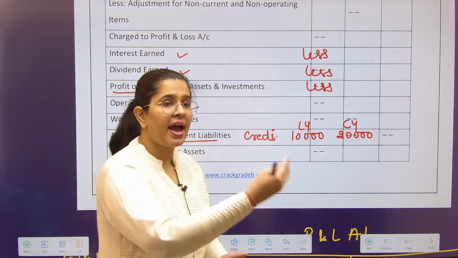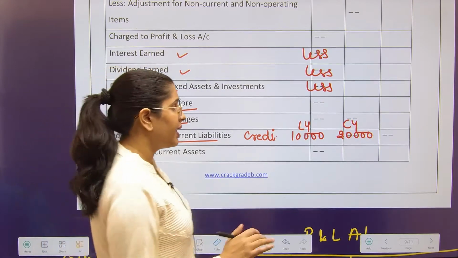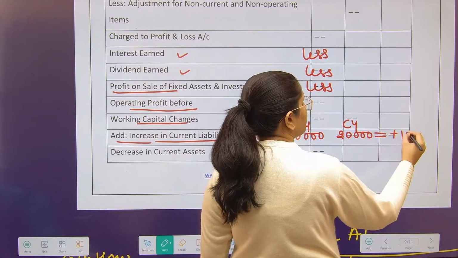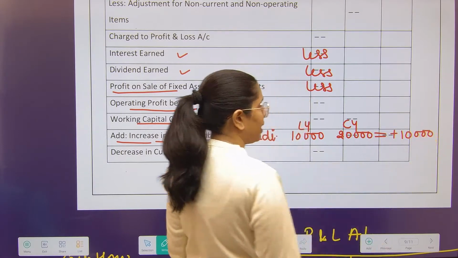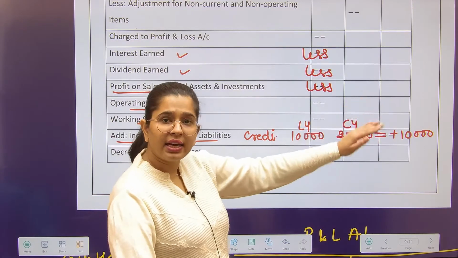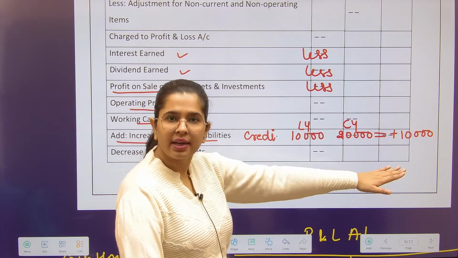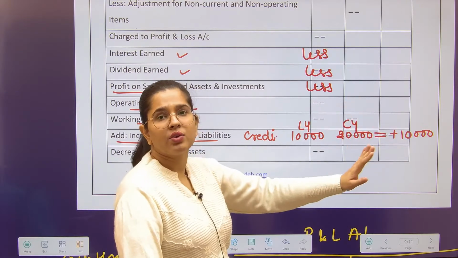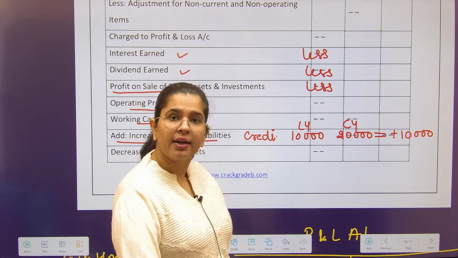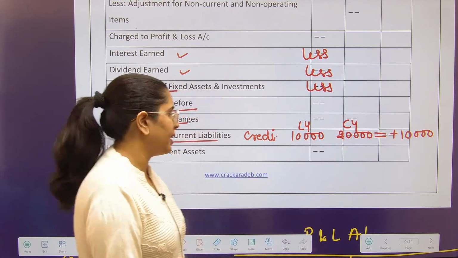That means I have received the goods but I have not paid cash. So I will add the difference, 10,000, in the cash flow statement, because indirectly this has helped me in the current year to not shell out 10,000 rupees. Correct? I have not paid 10,000 rupees and 10,000 rupees are still in my pocket. Hence increase in current liabilities you are adding.